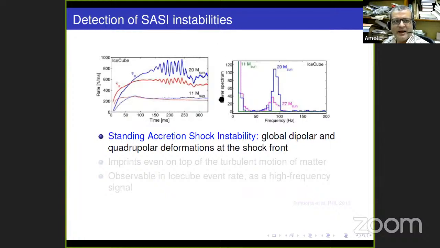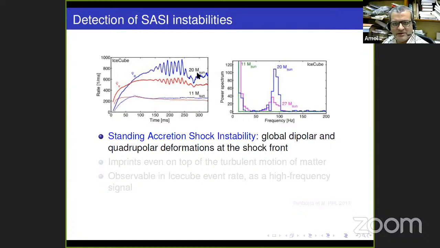These fluctuations can be seen in a detector like IceCube, which can see lots of events as a function of time. For example, the anti-electron neutrino luminosity in IceCube can fluctuate up and down to a large extent if this actually happens.